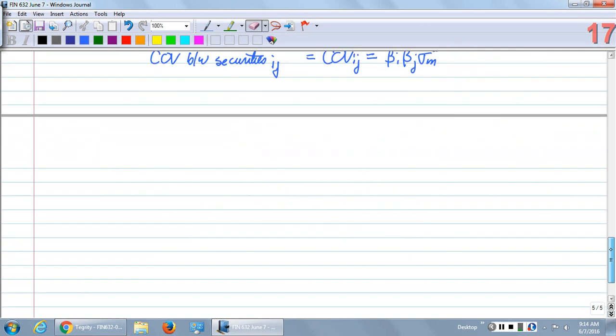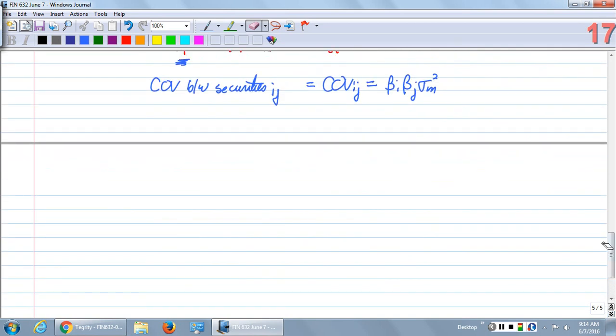I liked it though. All right, so let's remind ourselves then what we already know, is total risk equals systematic risk plus unsystematic risk. We know that.